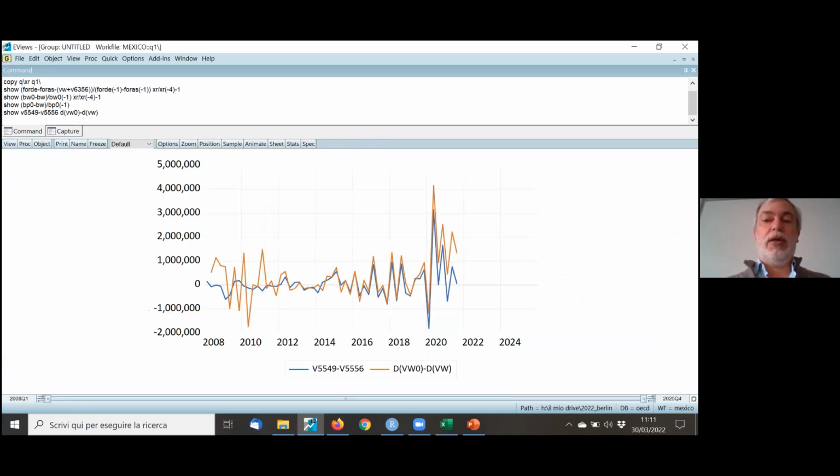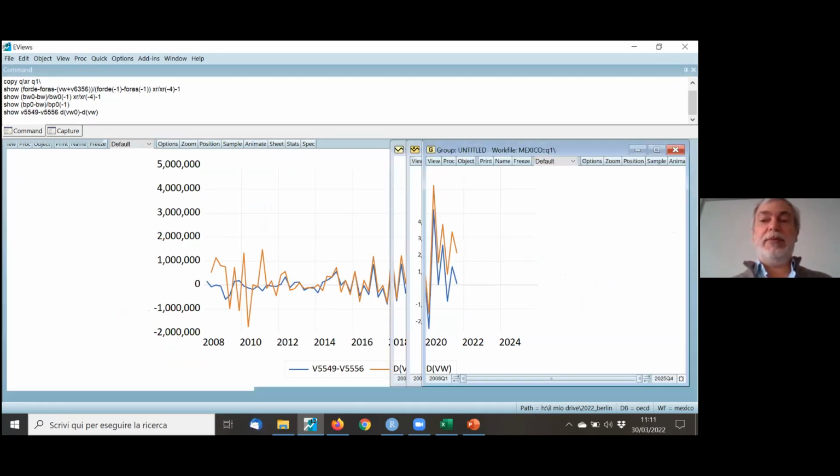Okay, so now I got it right, and this is what they report, and I think now I got the right way to measure it with our model variables. So this now looks pretty consistent with the data.